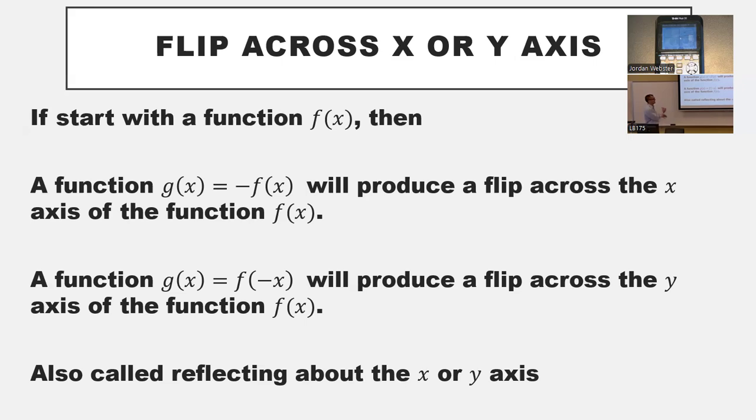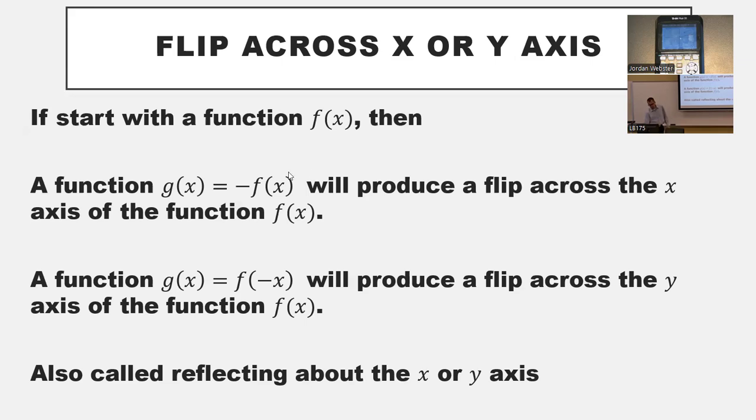The y-axis is the line x equals 0. The vertical line, x equals 0. And so we're changing the x values from negative to positive, or vice versa. So that's a flip across the y-axis, when we change the x values from negative to positive.